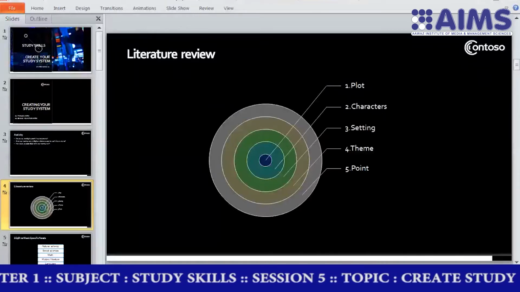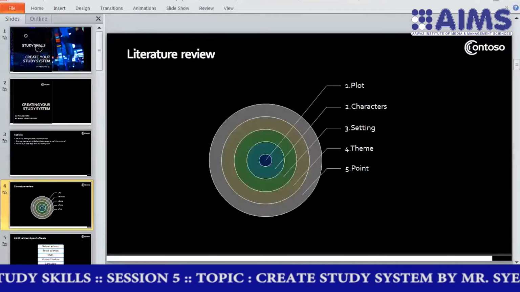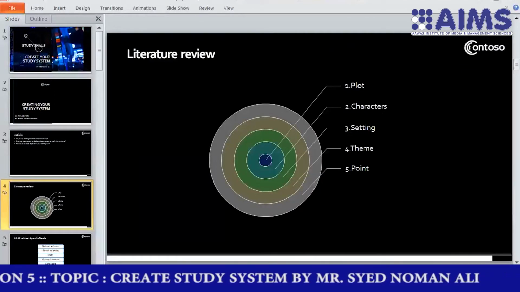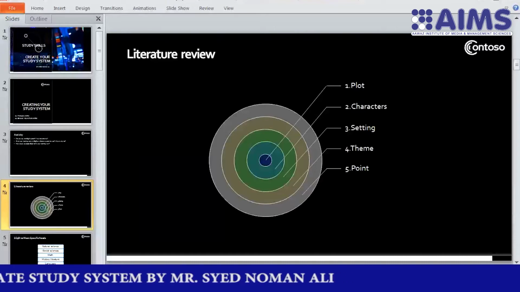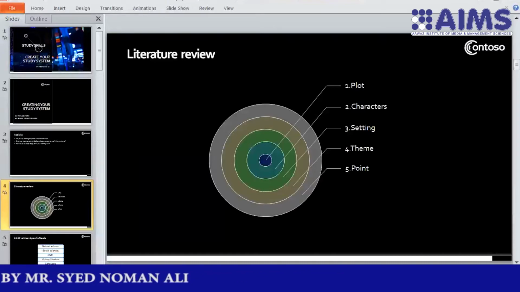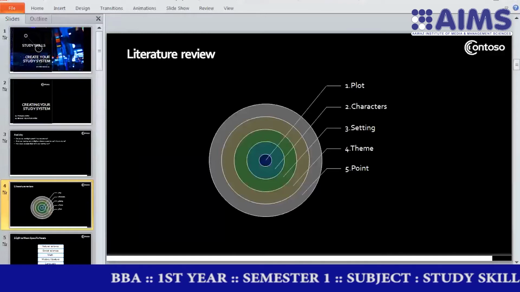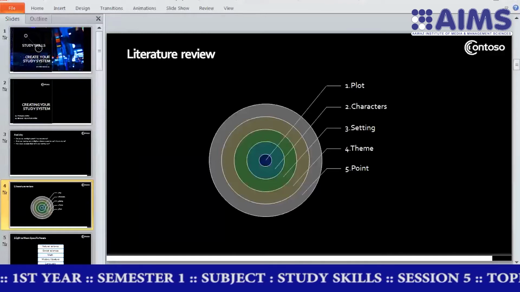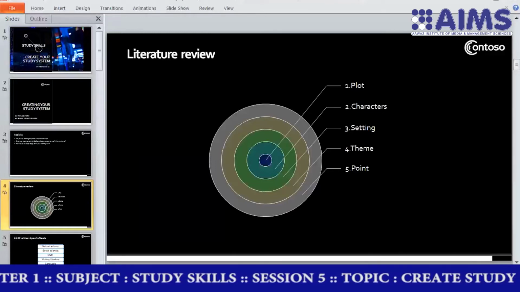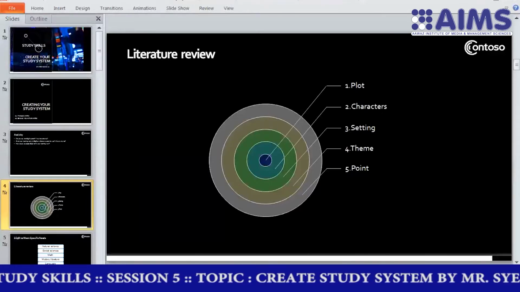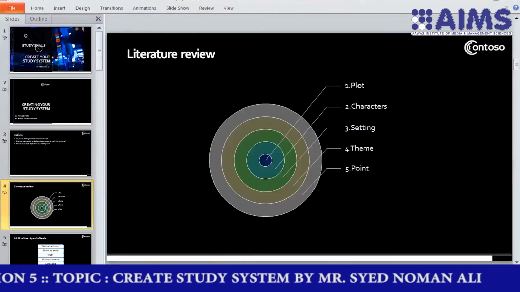For example, when reading a novel or literature from a book, you will divide it into the plot, then characters, what settings are around the literature, what was the theme behind it, and the POV, the point of view of the author. Finally, you will conclude.